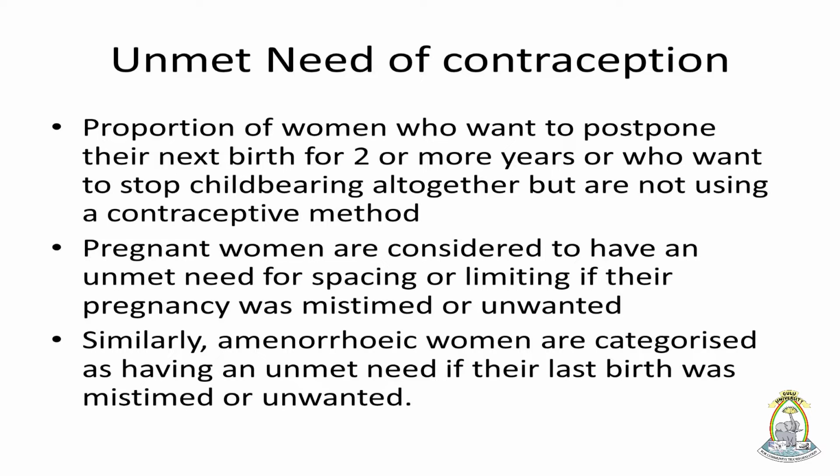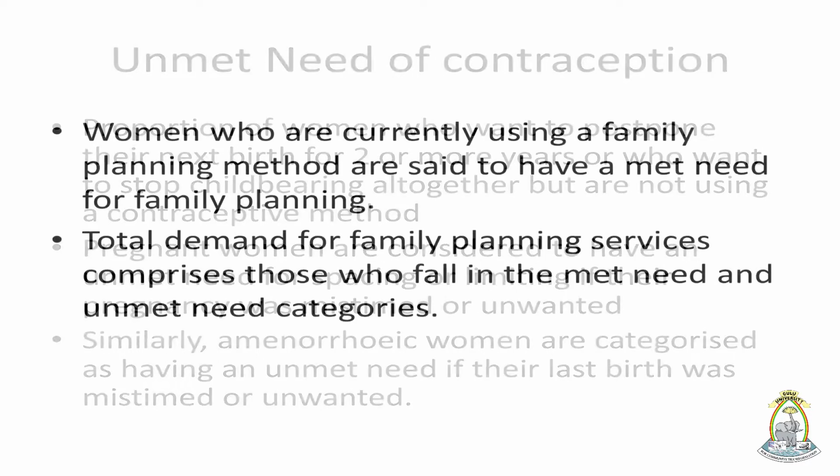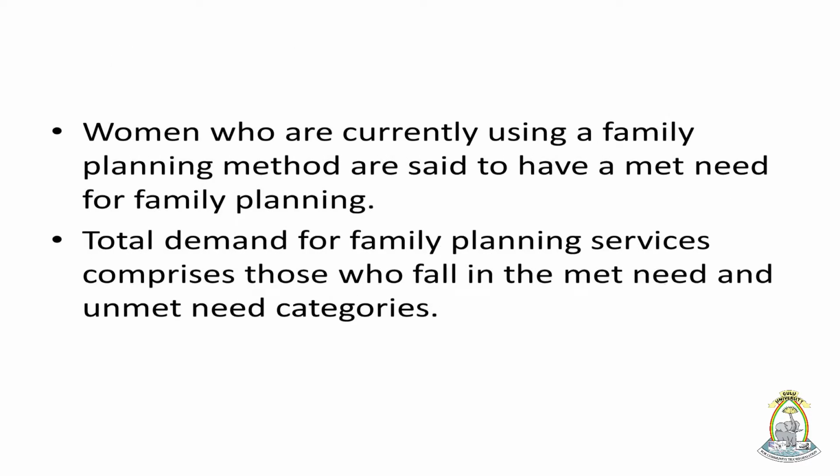It also means that pregnant women who have an unintended pregnancy are considered to have unmet need of contraception, as well as women who are amenorrheic and not using a method.